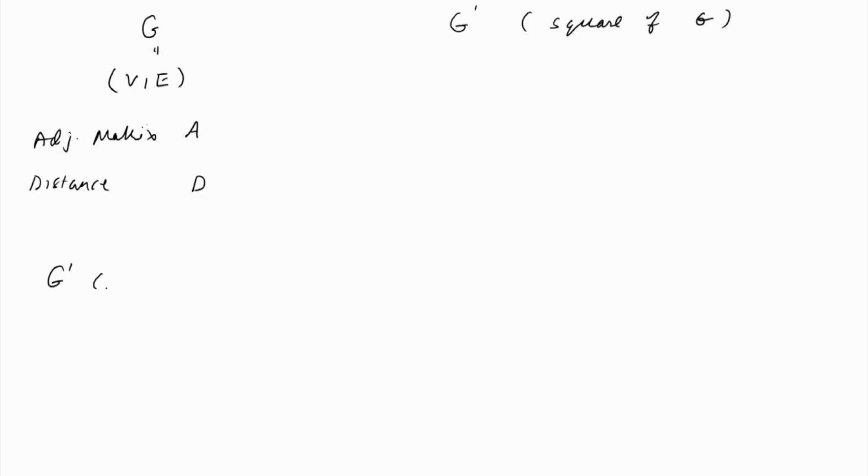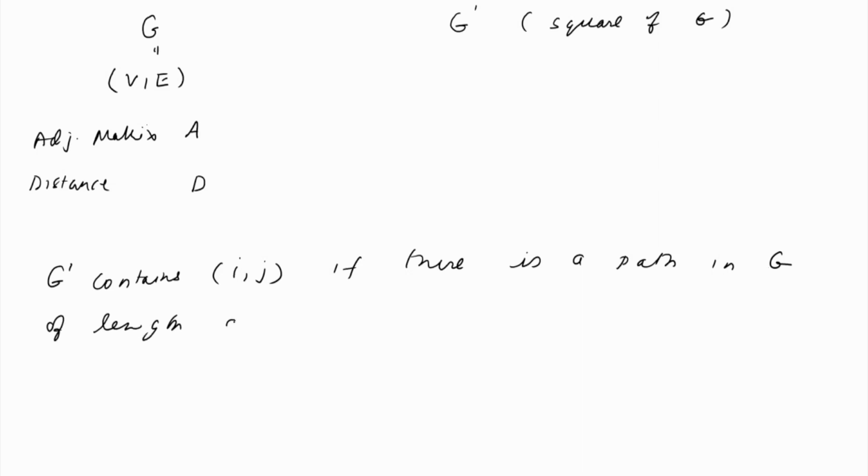In other words, G prime contains i comma j as an edge if there is a path in G of length at most 2. Okay. I comma i edges, we do not bother about. Okay. So, that is our graph G prime.